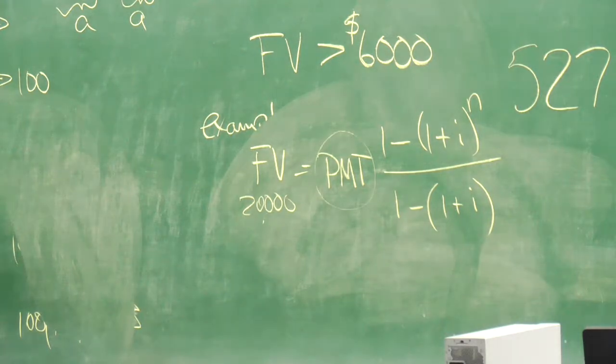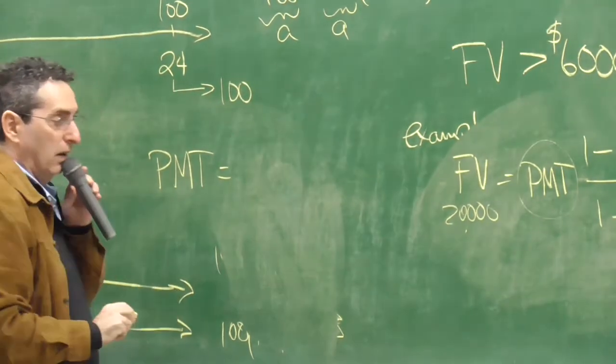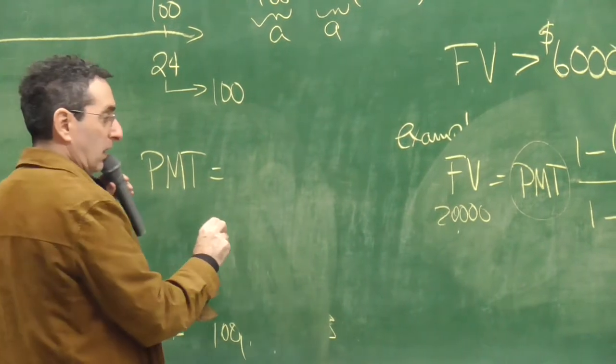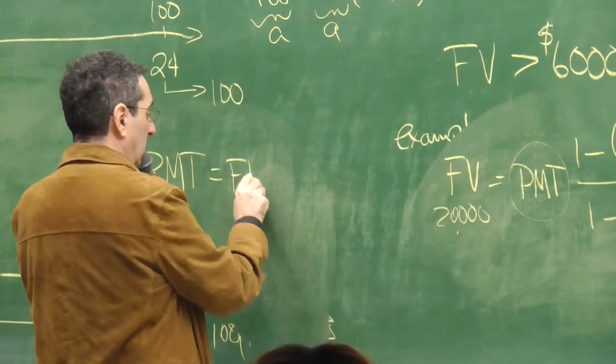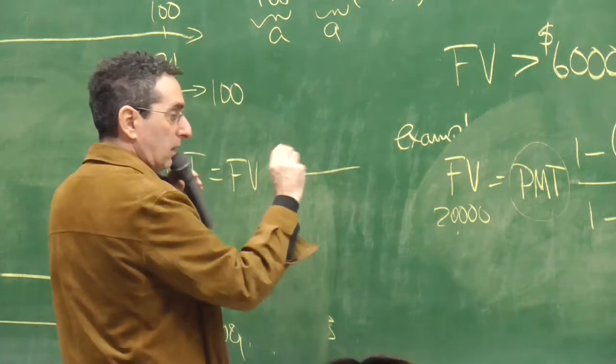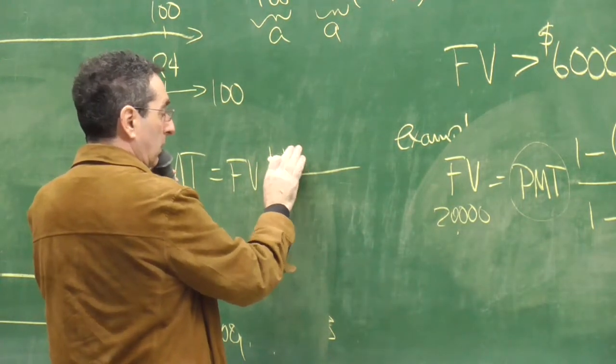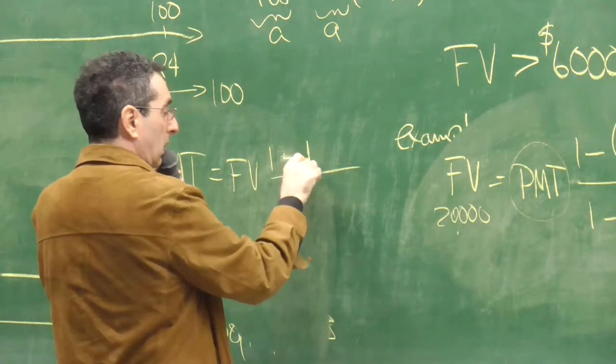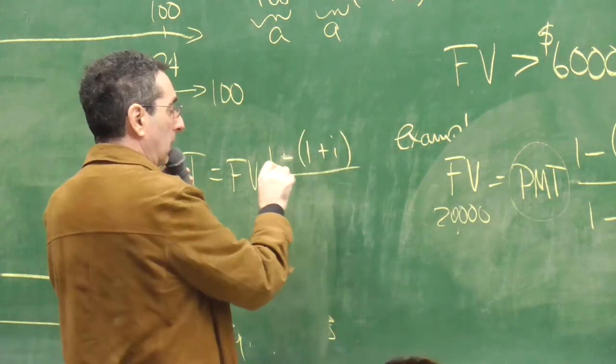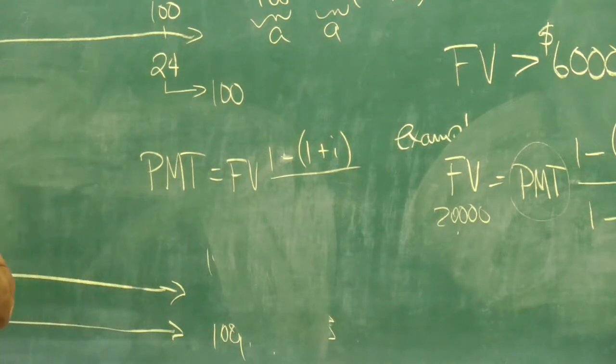So what's the formula? PMT equals what? So I guess it's FV, and then 1 plus, 1 minus 1 plus I. By the way, what is 1 minus 1 plus I?